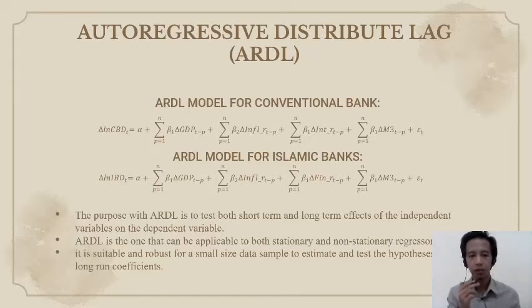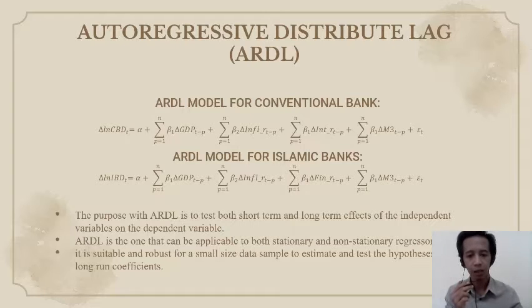And here is my method, the autoregressive distributed lag, ARDL. Here I put the ARDL model for the conventional bank and the ARDL model for the Islamic bank. The purpose of ARDL is to test both the short-term and long-term effects of the independent variables on the dependent variable.